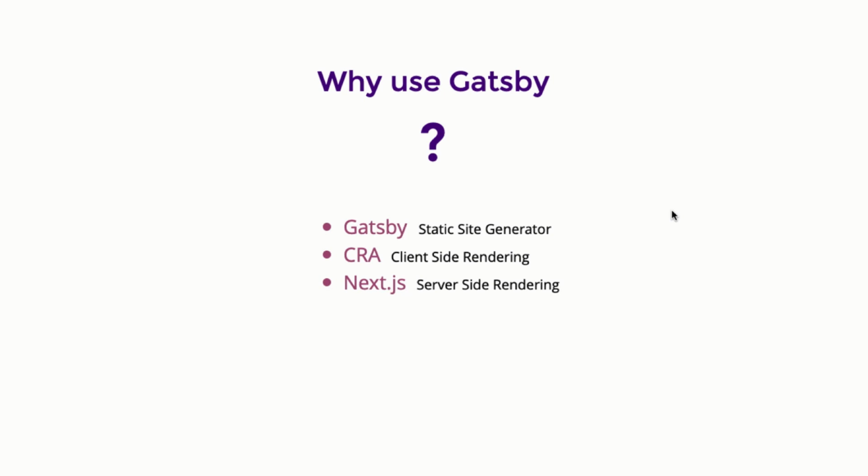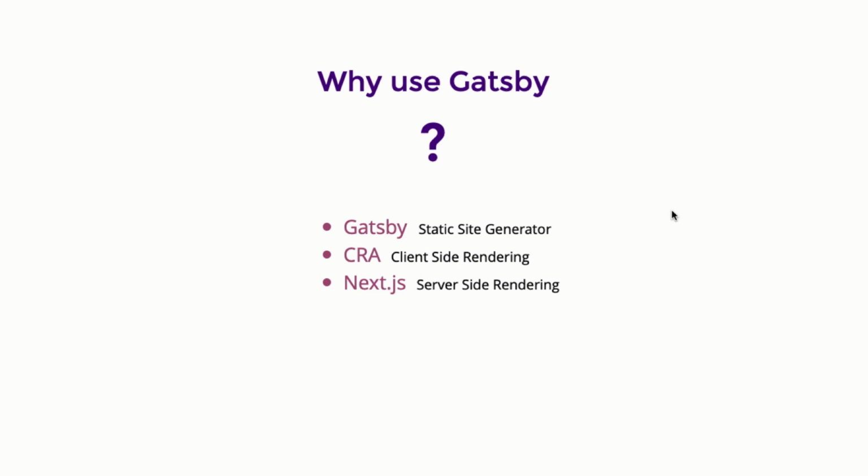Think of it this way: for a normal web application or website, you would have to wait for a user to make a request for a particular page, and then the server is going to return that page. Now, with something like Gatsby, which is a static site generator, you don't have to wait for a user to request this page. Instead, at build time, all these pages are generated ahead of time. Okay, so that's how static site generators like Gatsby work.